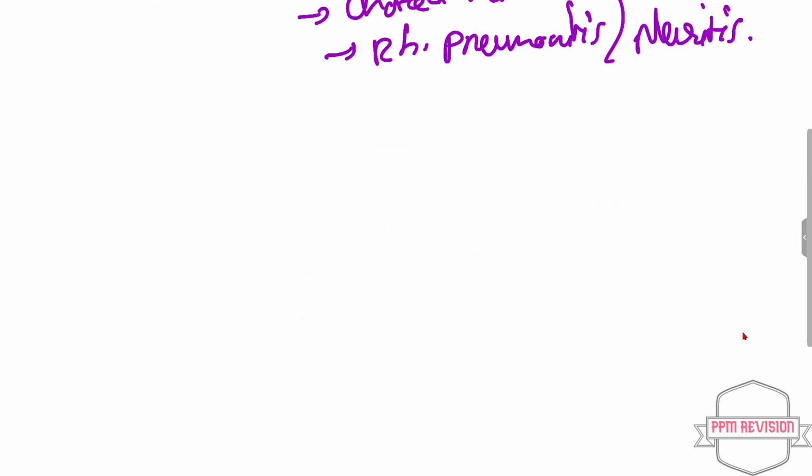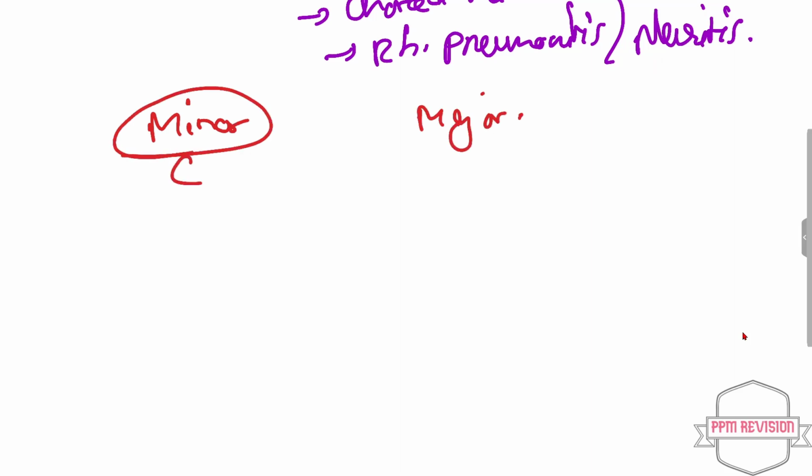Now there are also a few criteria, that is major and minor. Under major criteria there is carditis, polyarthritis, chorea, erythema and subcutaneous nodules.